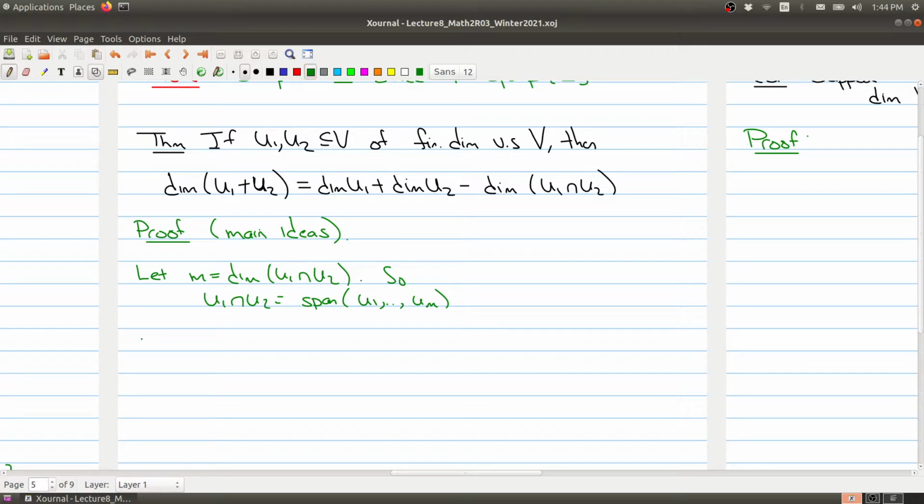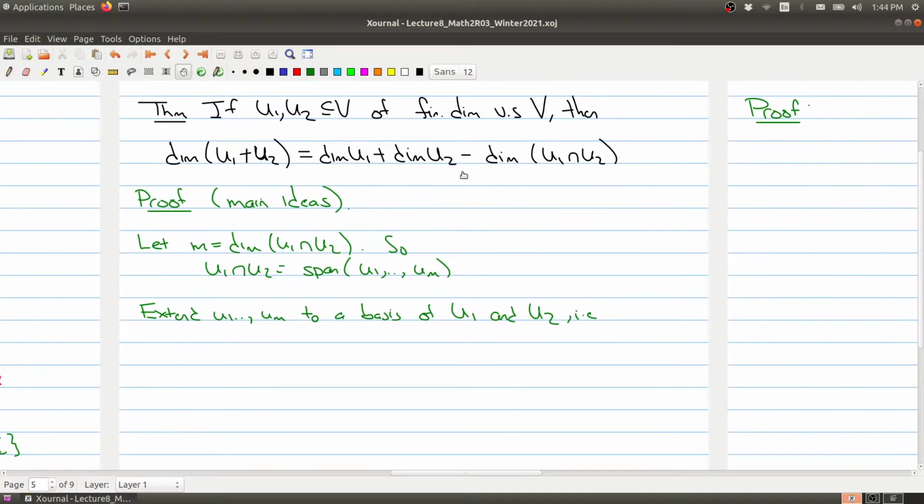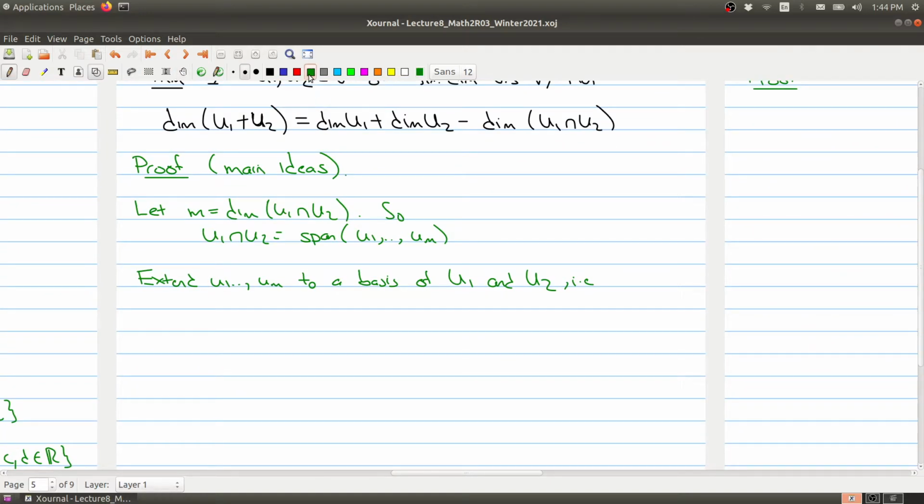So we can extend u1 up to uM to a basis of U1 and U2. You should think of the span of u1 through uM: these are linearly independent vectors inside of U1 because they live inside the intersection.